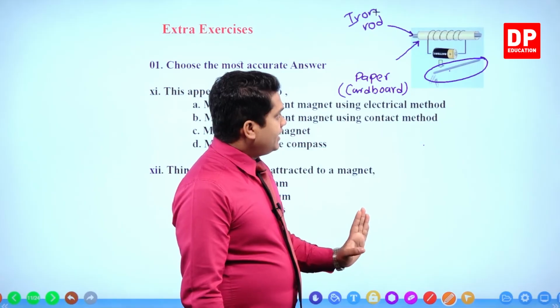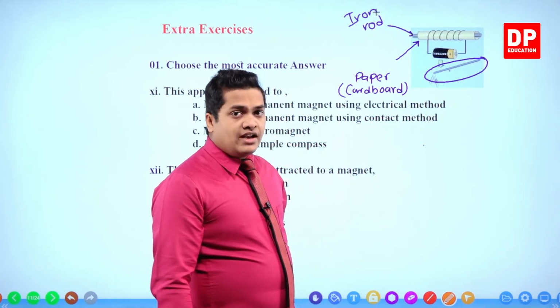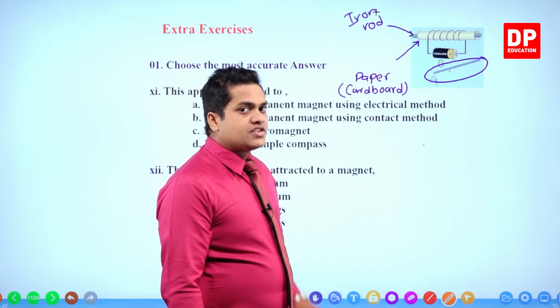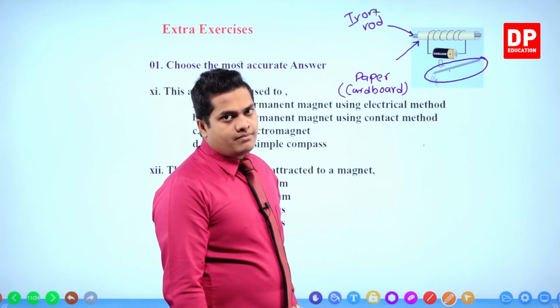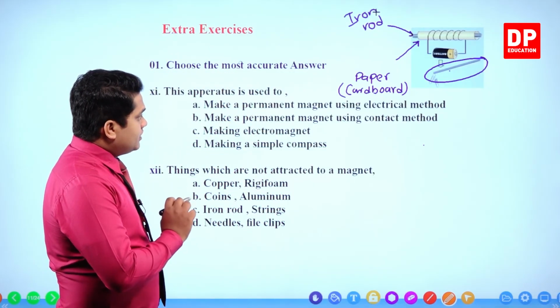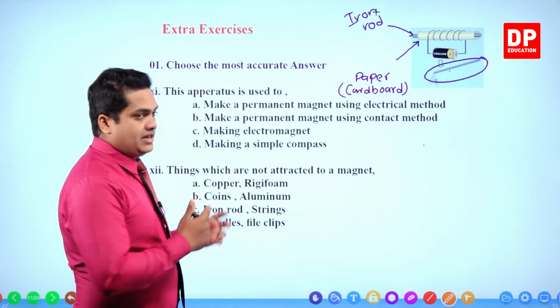Then after that, you can observe some file clips getting attracted to that rod. That means this rod has become a permanent magnet. So here we have used the electrical method because we have supplied electricity, no?